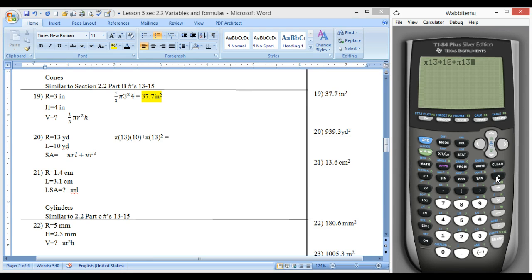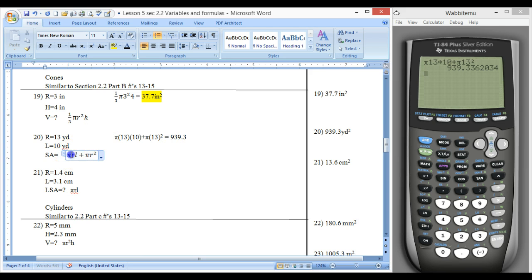I could do a caret 2, or I can just press a squared button. In between here, pi is separate from the 13, so I don't have to put the times sign. There we go. Same answer we got on both. 939.3.